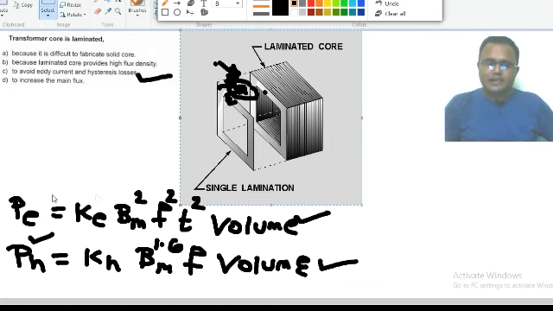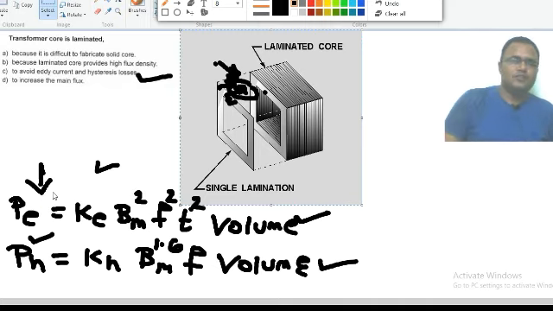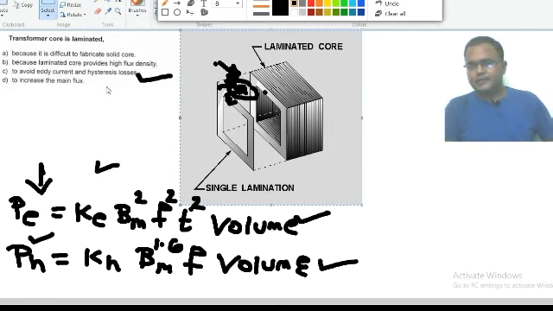In case of eddy current loss, it is decreased because we are using thin lamination, so the eddy current stays within the lamination itself. It can't pass from one lamination to another, so there is a reduction in eddy current losses. Whenever the thickness decreases, the eddy current losses also decrease. So the right option is: to avoid eddy current and hysteresis losses, the transformer core is laminated.